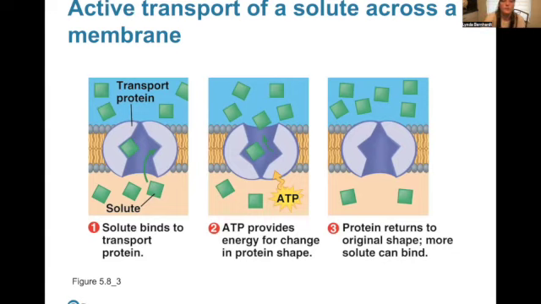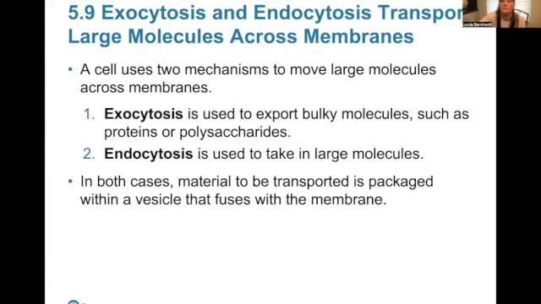So you will notice right here, we've got our solute that goes into the transport protein. Energy is required to slap this sucker closed and shove it out the other side. And then it goes back to the original shape and waits for more. So that is an example of active transport.